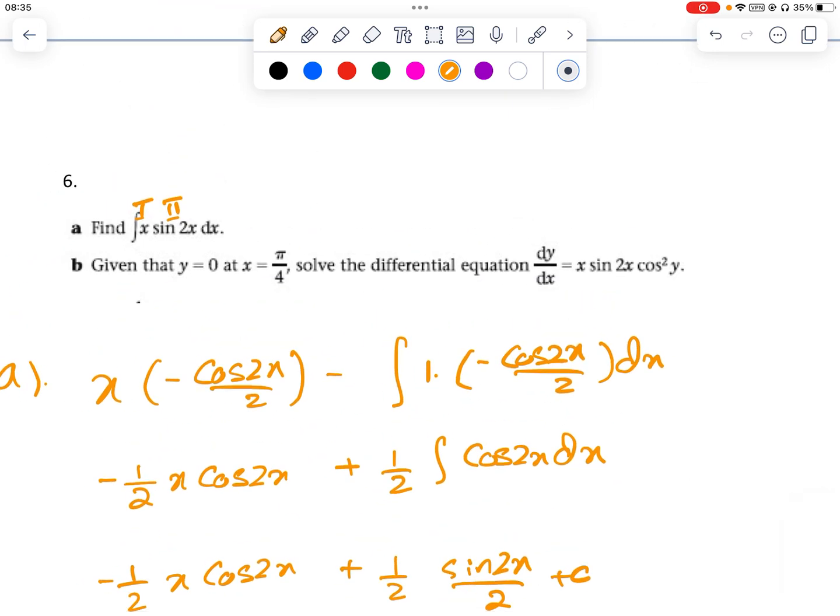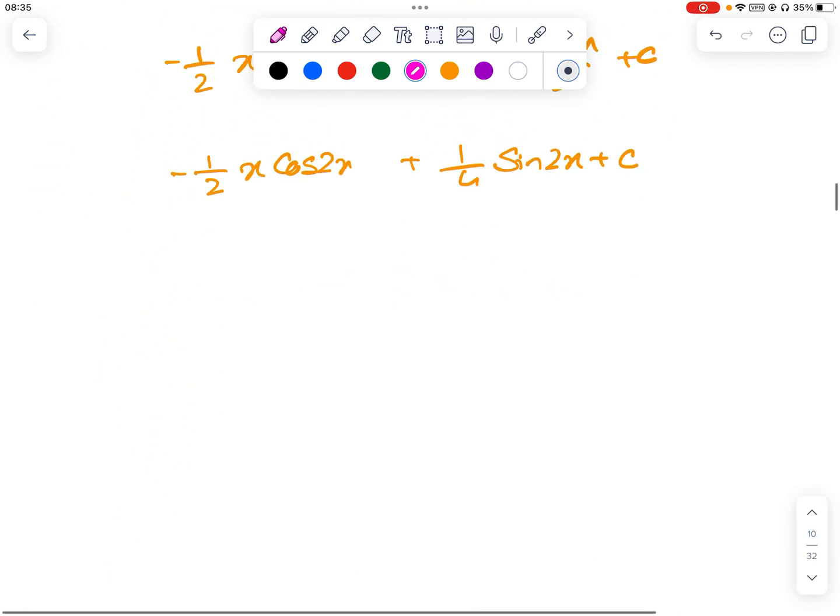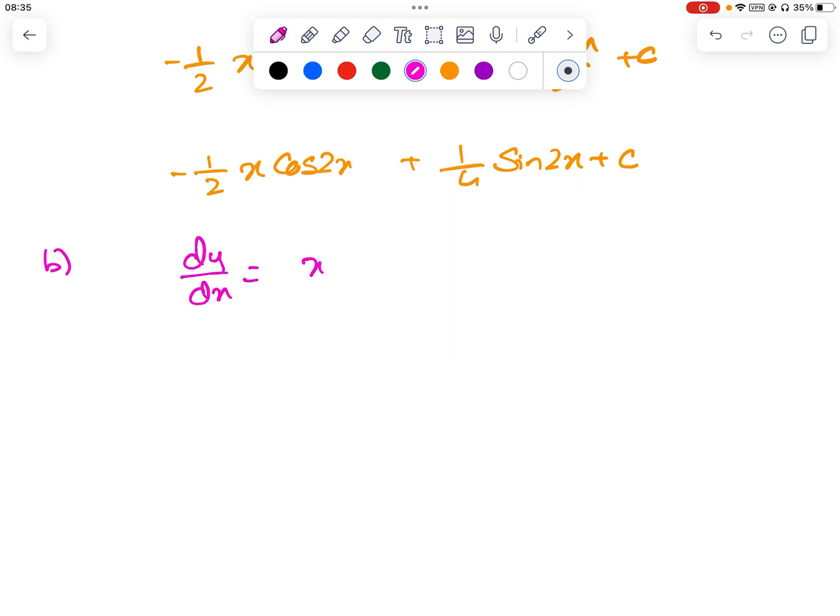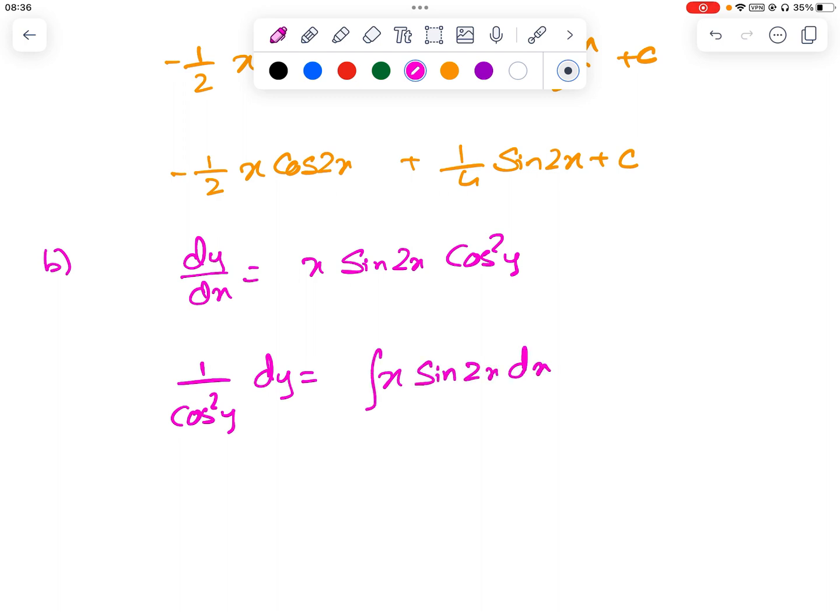At y equals 0 and x equals pi by 4, solve this differential equation. So what is the differential equation? dy by dx equals x sine 2x cos square y, variable separable. So 1 upon cos square y dy equals x sine 2x dx, integral.